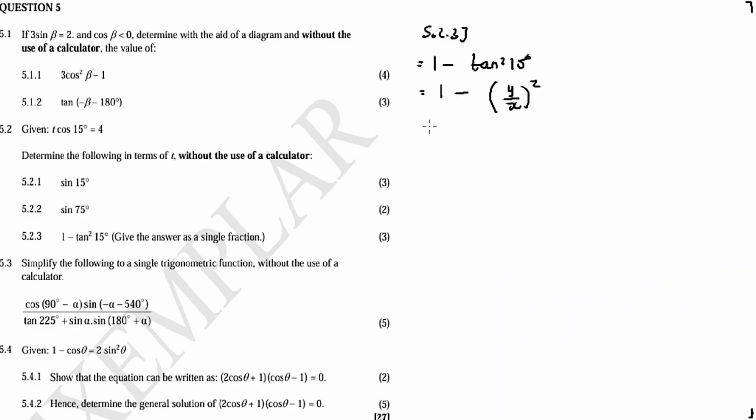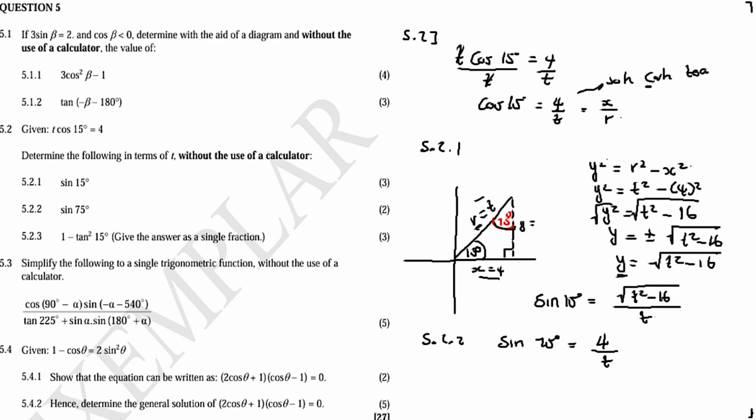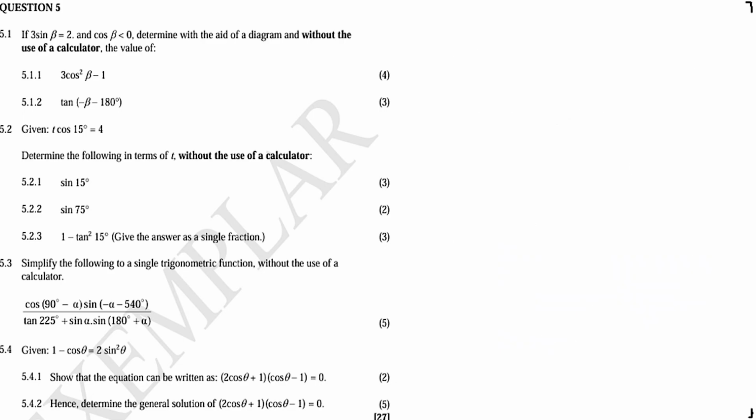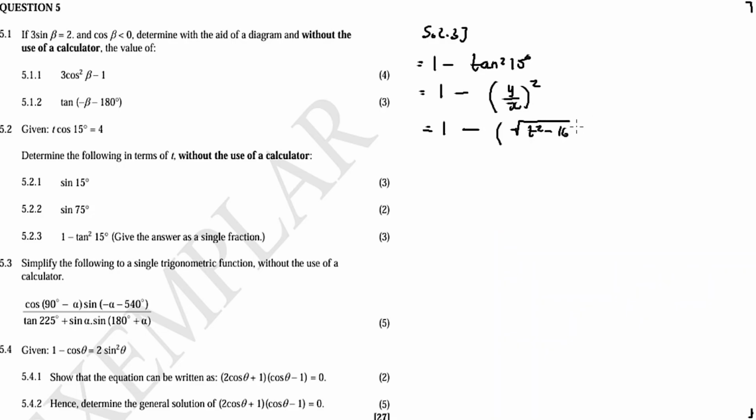We square this. Let's say 1 minus. And then what is the y? Is it 4? No, it's that square root. So it's going to be the square root of t squared minus 16 divided by x, which is 4.